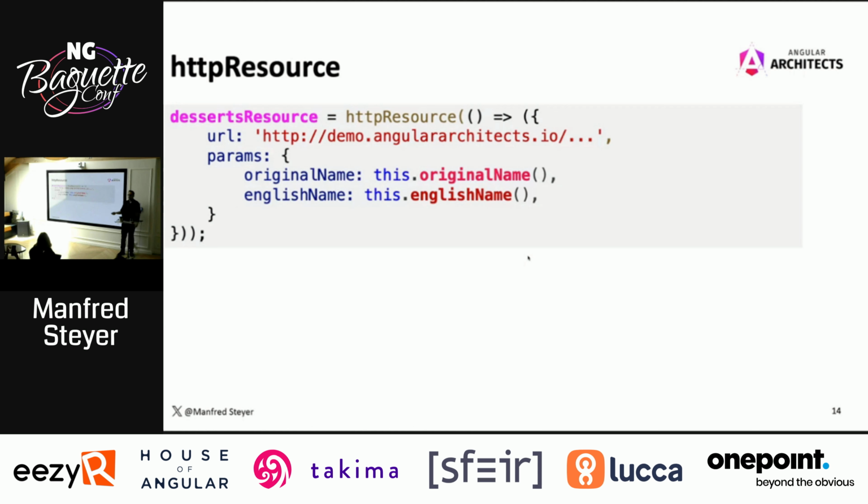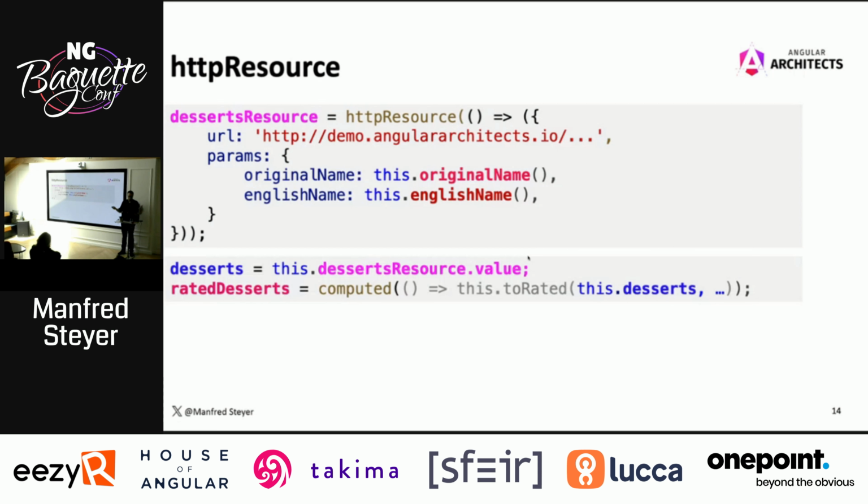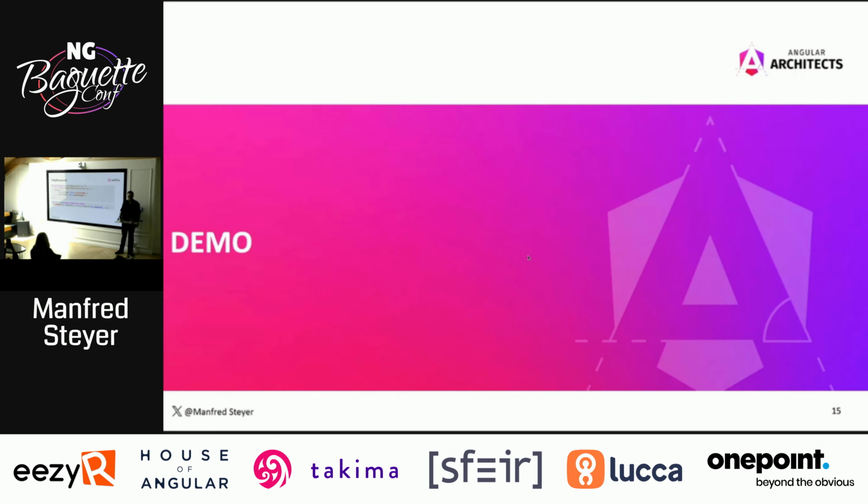You pass in some parameters in terms of signals. And one more time, every time those signals are changing, the resource is triggered. And so it will fetch some data from the backend. And as mentioned before, this results in our value marble that flows into computed, where it is combined with the ratings. And for this, I've prepared a little tiny demonstration.